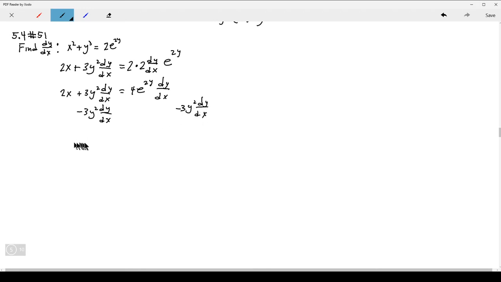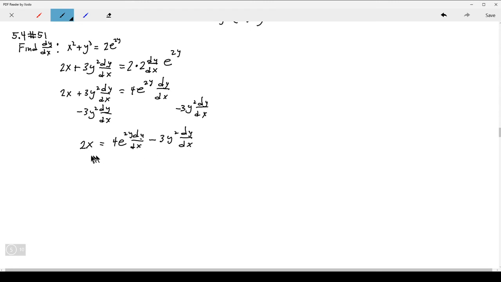So that's going to leave me with 2x on this side, and I'm going to have 4e to the 2y dy dx minus 3y squared dy dx on this side.